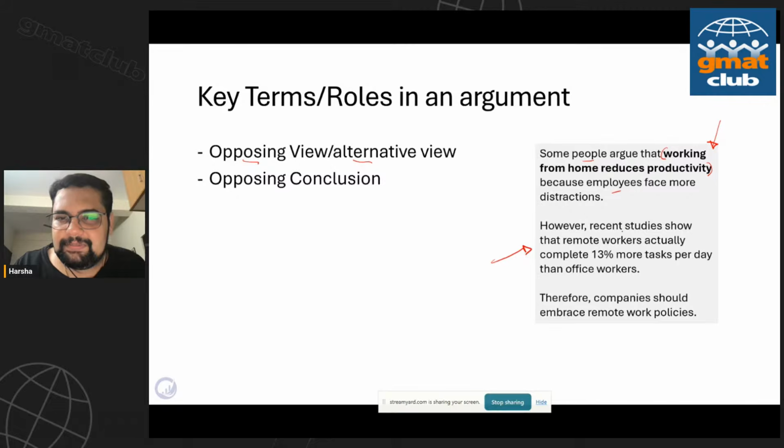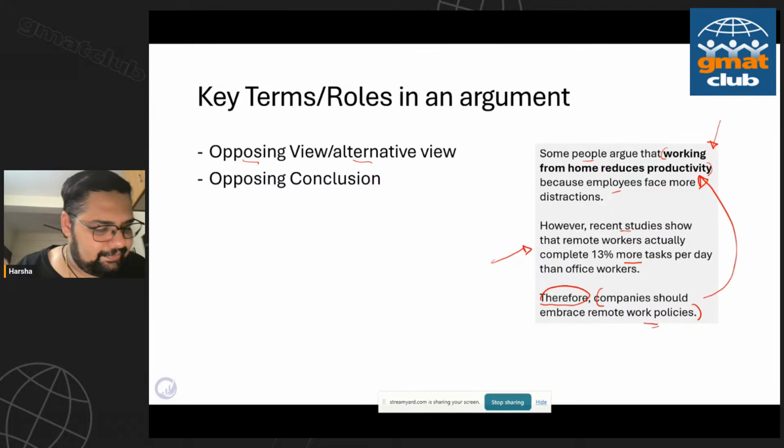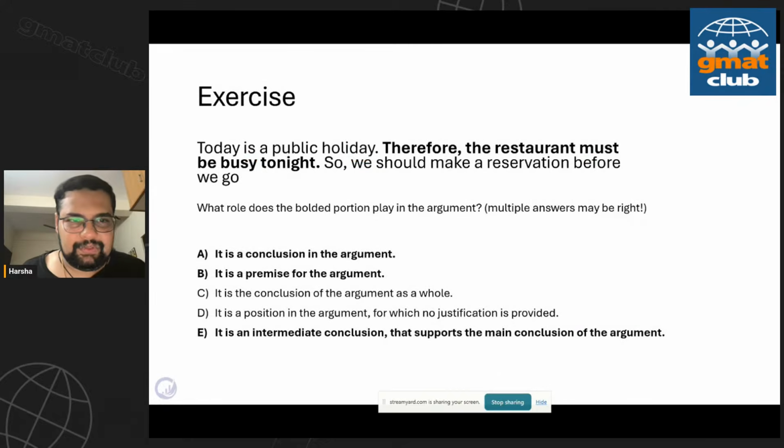Then the author comes in and says, however, recent studies show that remote workers complete more tasks, and based on this, the author concludes that companies should embrace work-from-home policies, which is in the opposite direction of what you see here. So this original boldface portion is like an opposing view that the argument is eventually taking a stand against at some level, right? Just some ideas I've thrown in here.